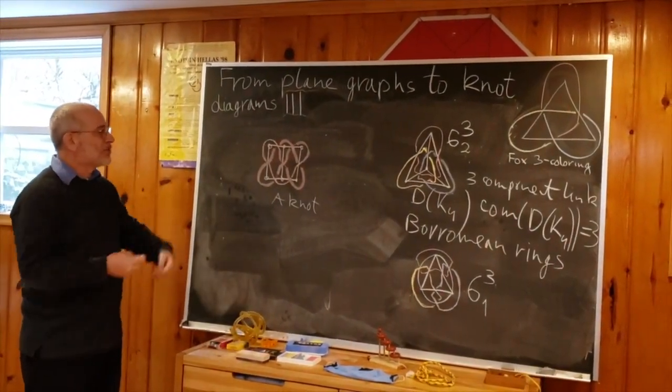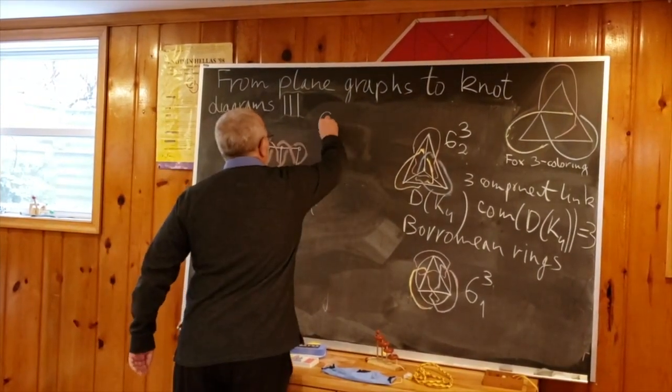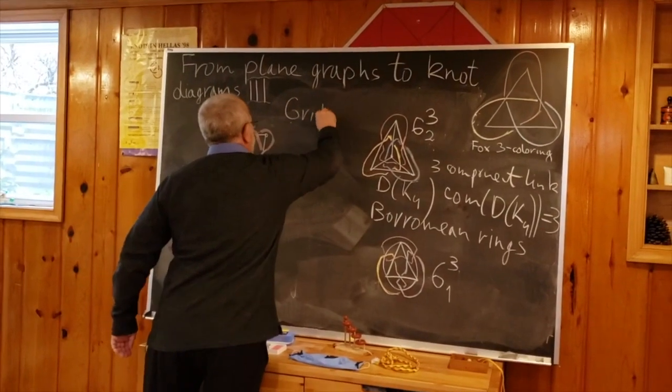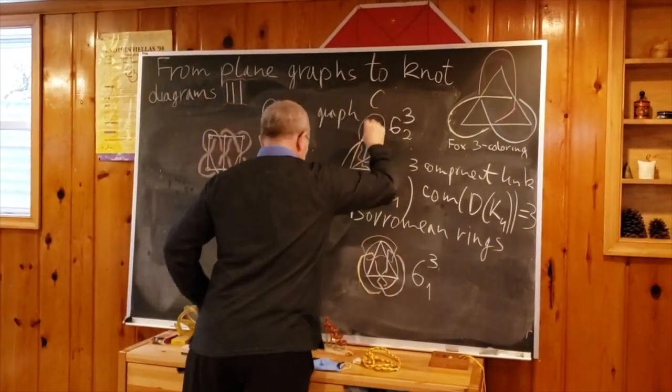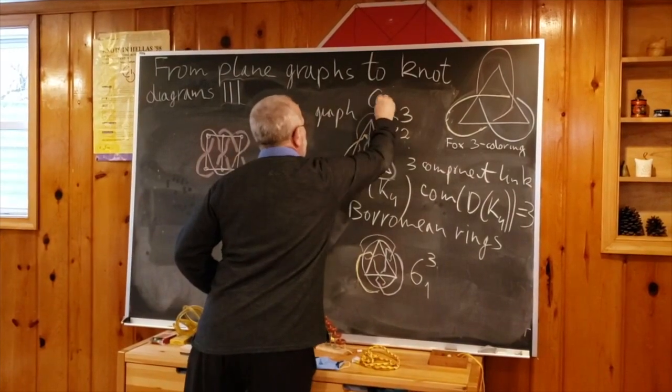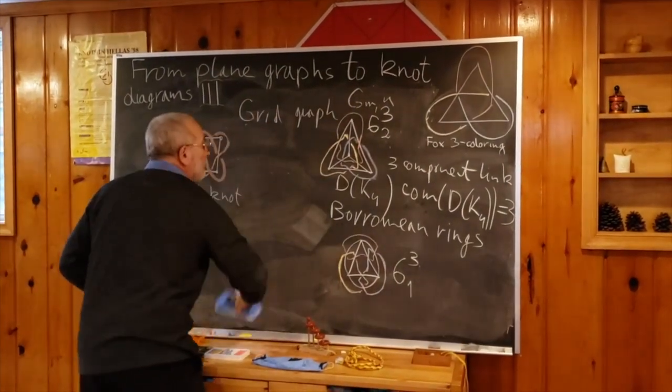So what will be our general setting? It will be a graph, which I call a grid graph, G with two parameters M and N. Let me erase Borromean links.